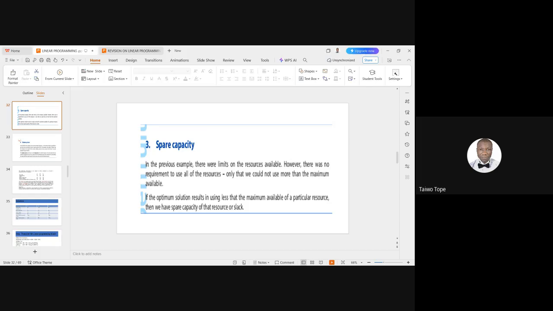However, there was no requirement to use all of the resources, only that we could not use more than the maximum available. So if the optimum solution results in using less than the maximum available of a particular resource, we have spare capacity of that resource, or slack. So where you have excess, where there is no limitation, it means you have spare capacity. Another word for spare capacity is slack. Take note of that.